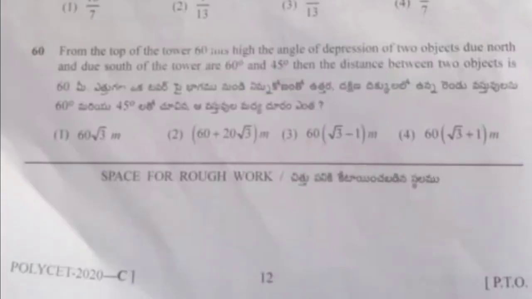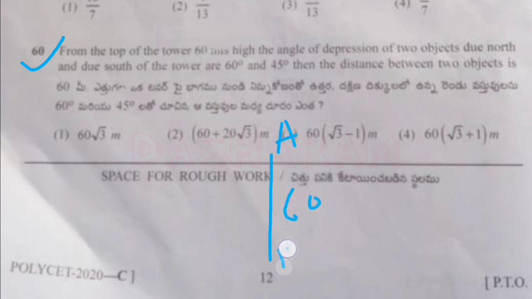Next to last question, 60: from the top of the tower 60 meters high. So AB is the tower, 60 meters high. The angles of depression of two objects due north and due south of the tower are 60 and 45 degrees.